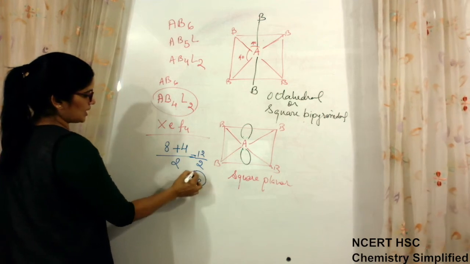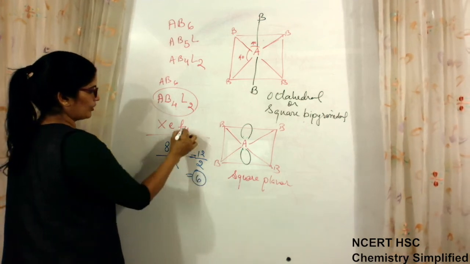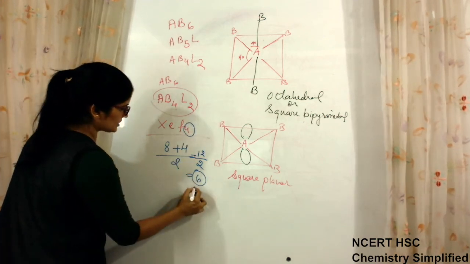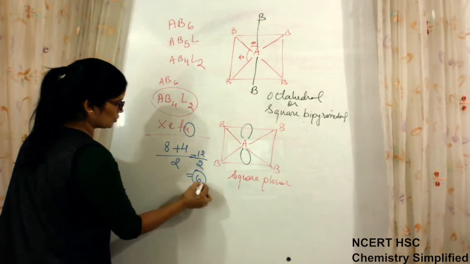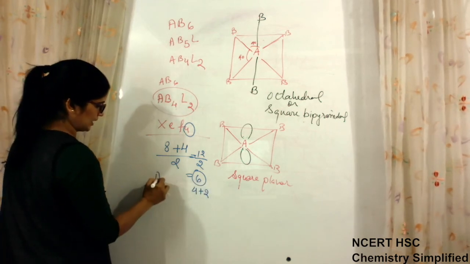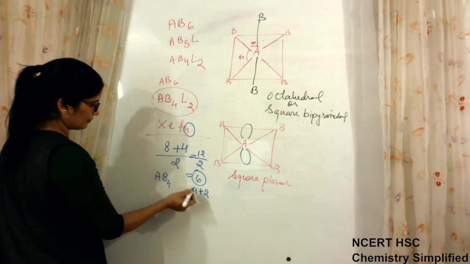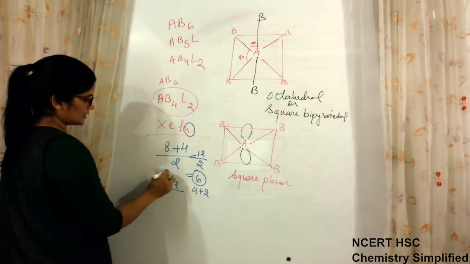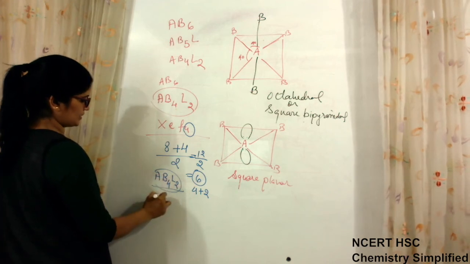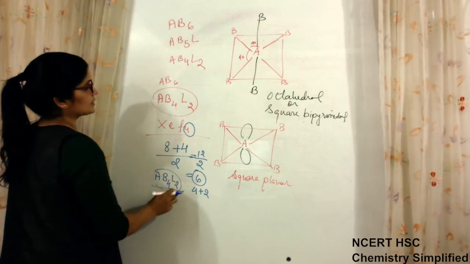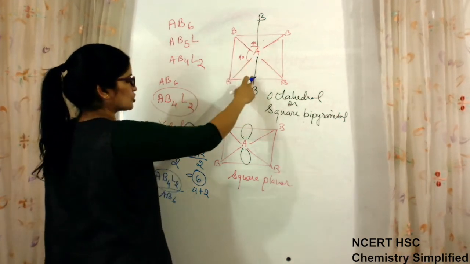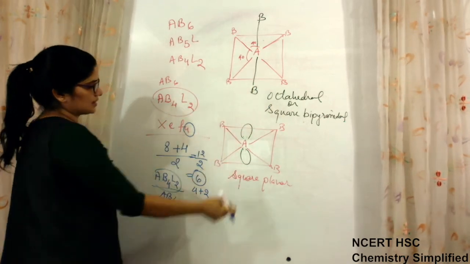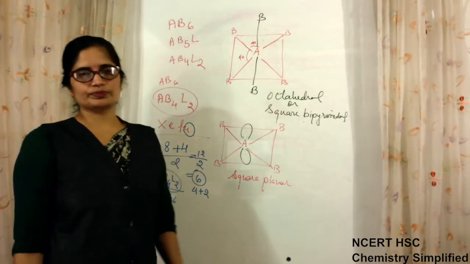Now 6 are the number of pairs obtained, bonded are 4. That means 4 plus 2 is 6. So it is AB4L2 type of molecule, which arises from AB6. And AB6 is this. When this is distorted, it becomes this in AB4L2.